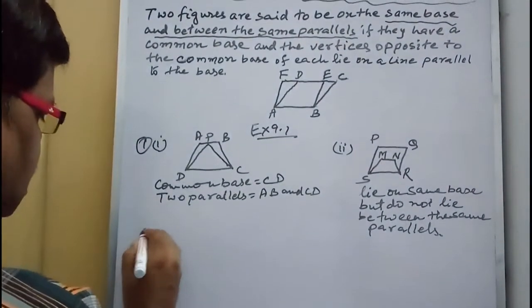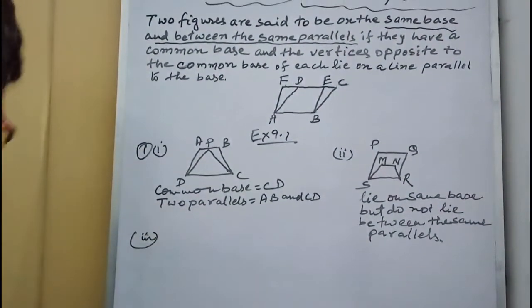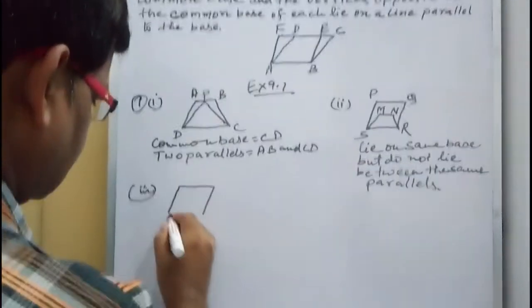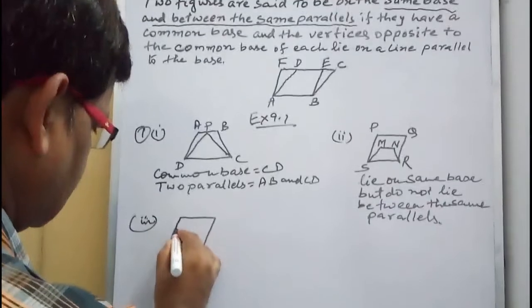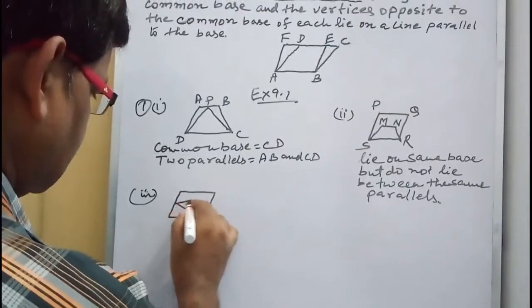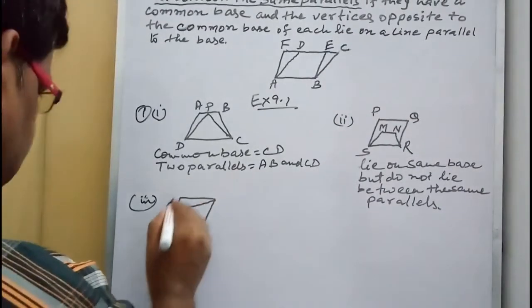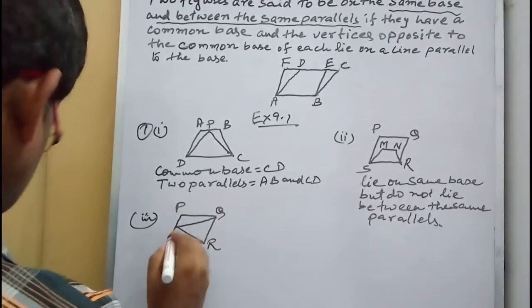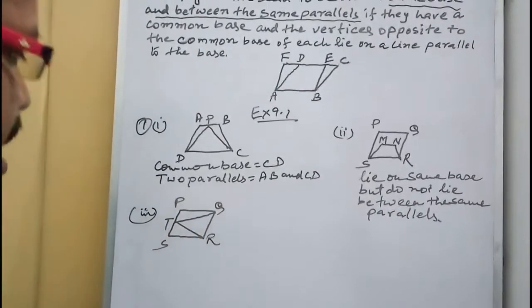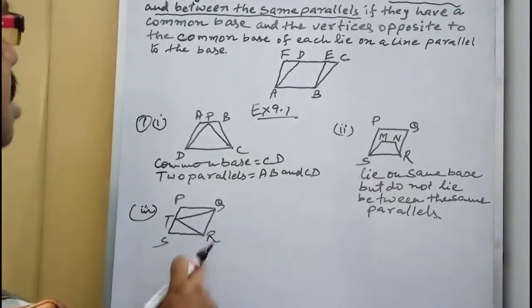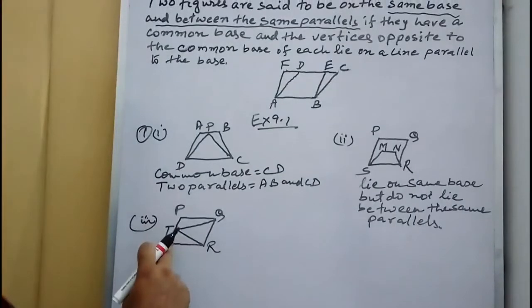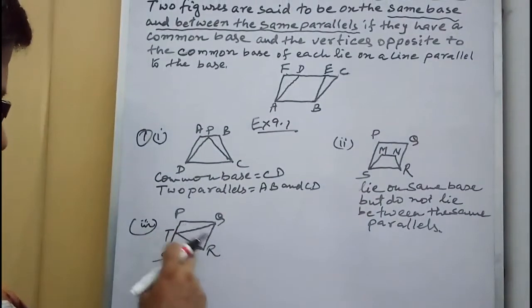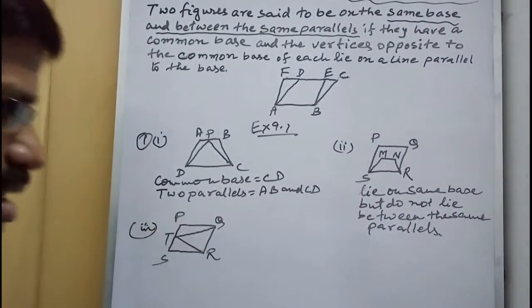Now see figure 3. This figure lies on the same base and between the same parallels, because the vertex of this triangle lies on PS.